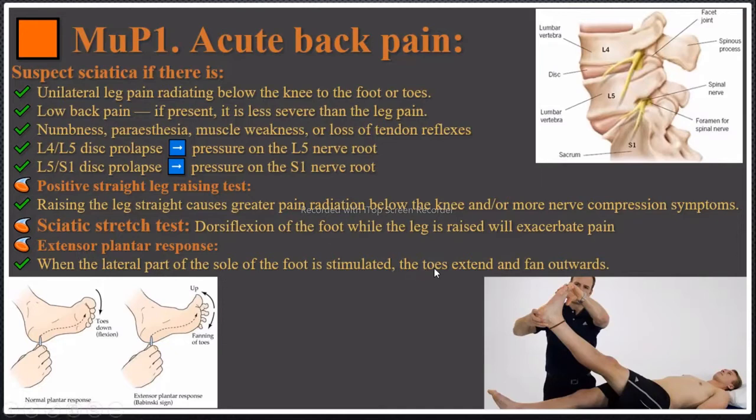What happened? Toes extend and fan forward. In a normal patient, if you do like that, the toes go down, it will cause flexion. But if they go up and fan like that, this is abnormal. It's called Babinski sign. So if you find Babinski sign positive, it means sciatica.